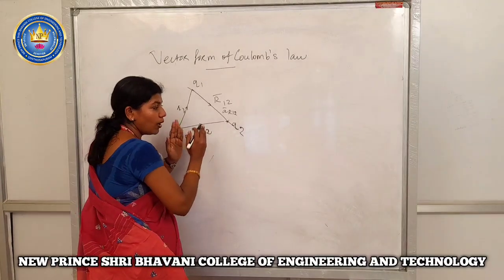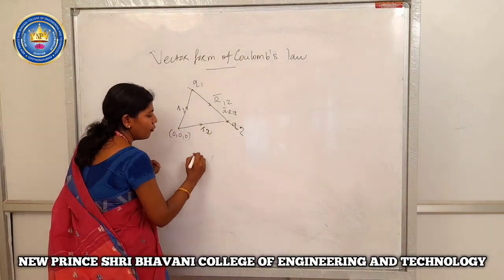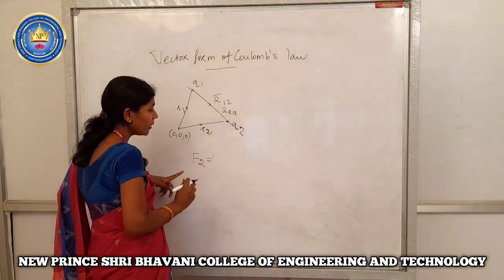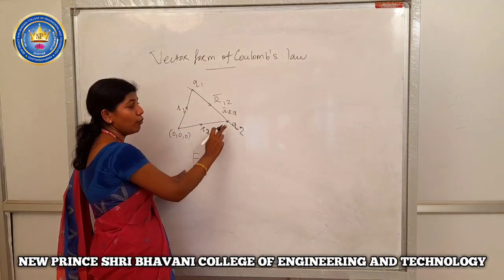So now we will calculate the force on Q2 due to Q1. The force is represented as F2, because we are going to calculate the force on Q2.